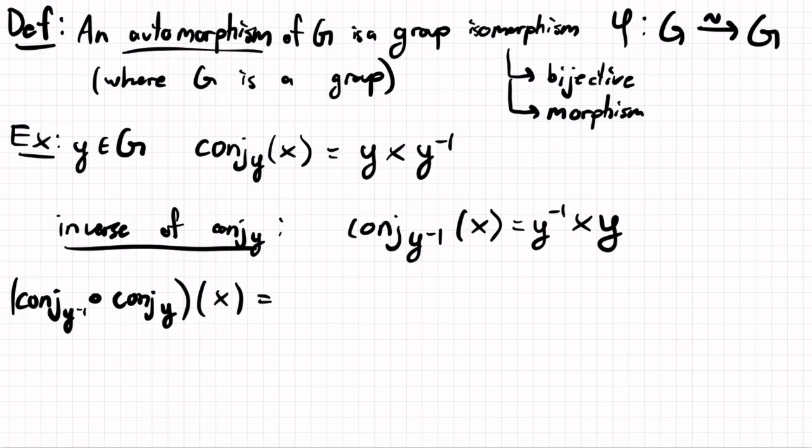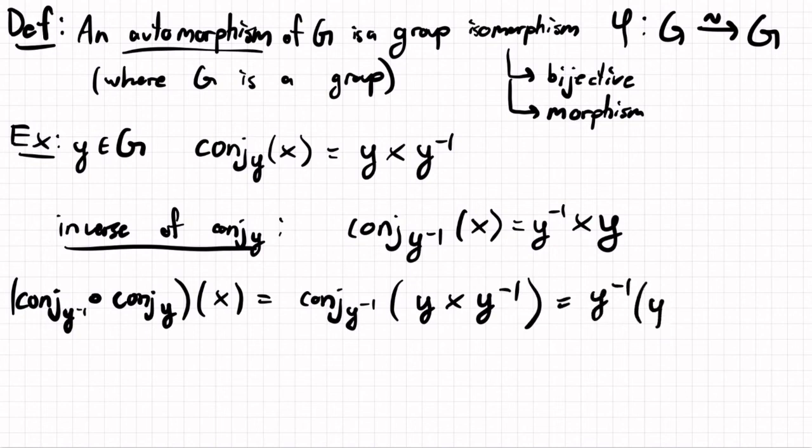We'll get conjugation by y inverse of y x y inverse, right? And now we conjugate by y inverse. So we have y inverse times everything on the inside, y x y inverse, times y. And now we can just rearrange the parentheses, and these will cancel by associativity, of course. So that's x.